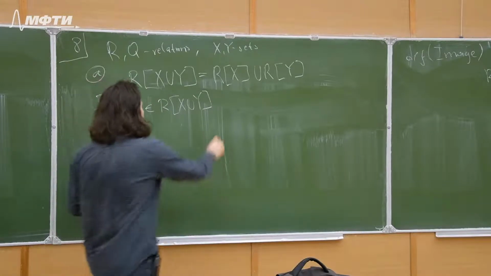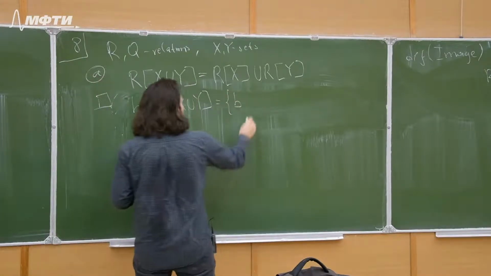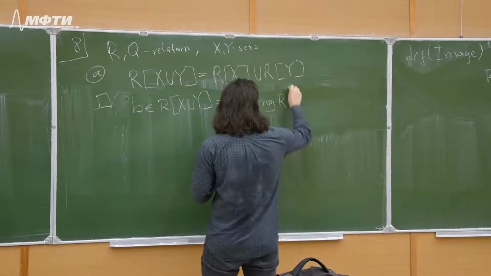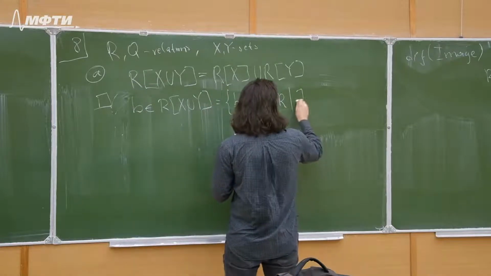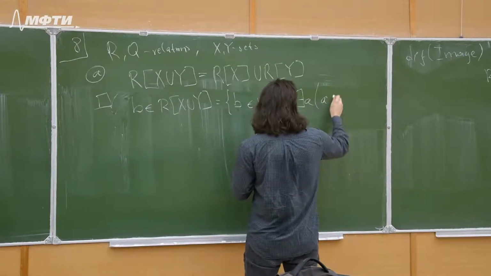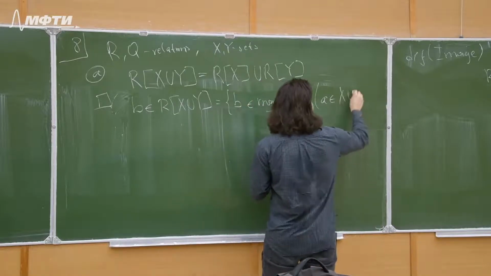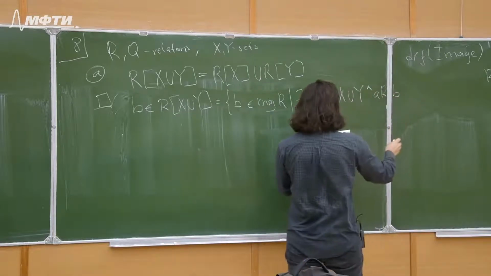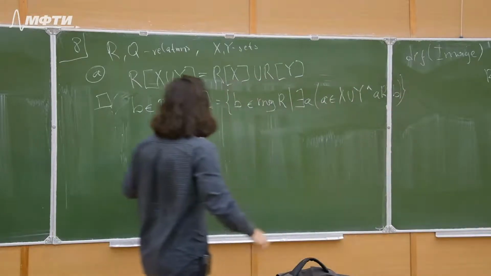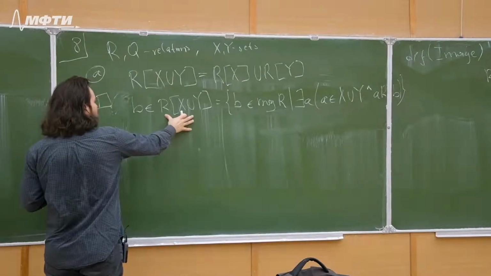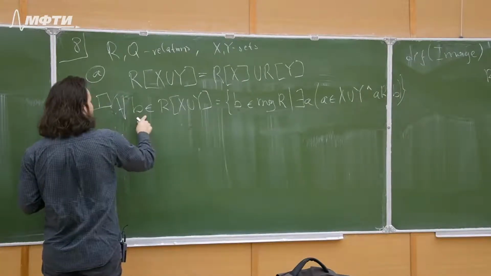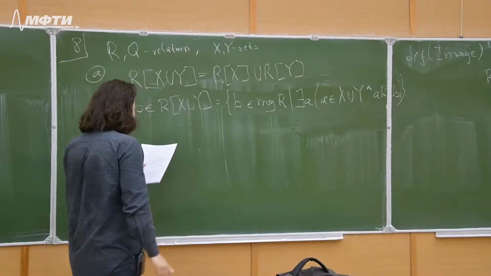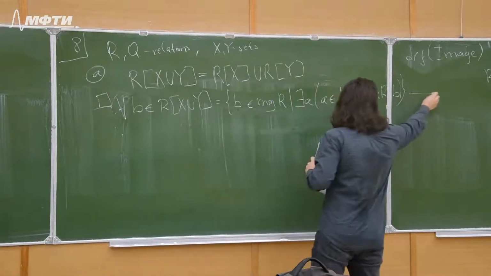So by definition, this is equal to the set of B in the range of R, such that there exists A where A is in the union of X and Y, and we have A R B. Well, we have this ordered pair here. So this is this set here. So we have that every B in this set is defined by this, okay? And this is true if and only if.